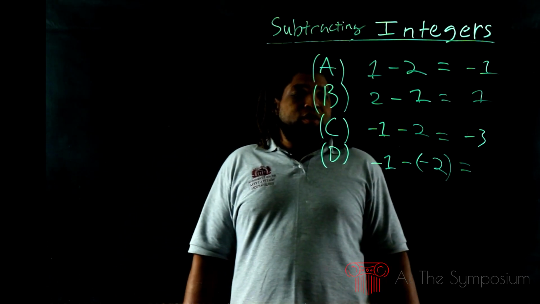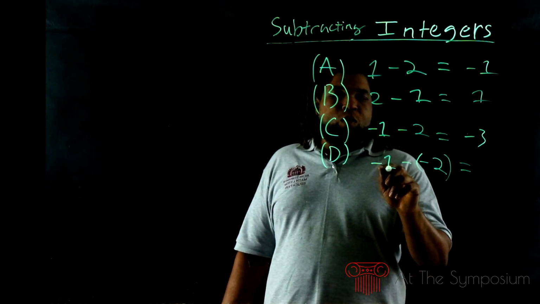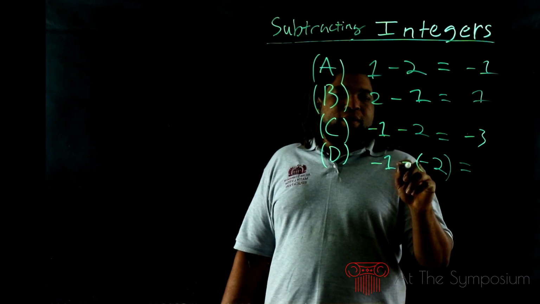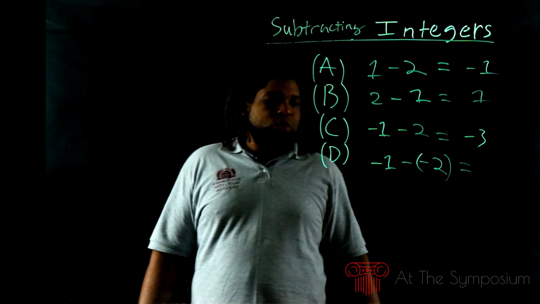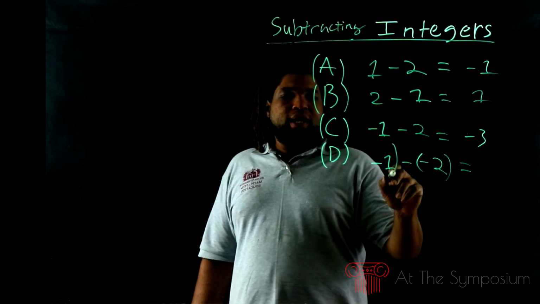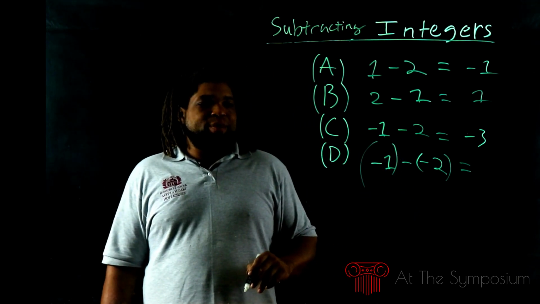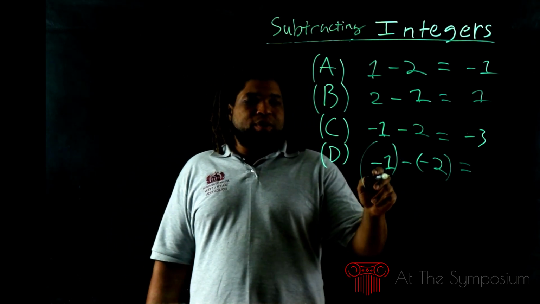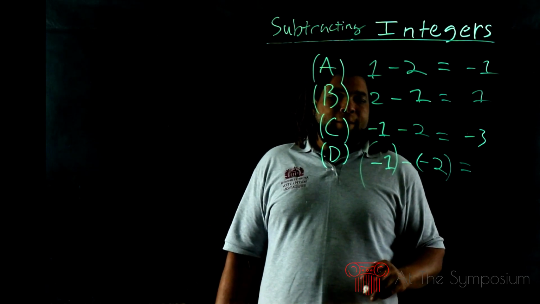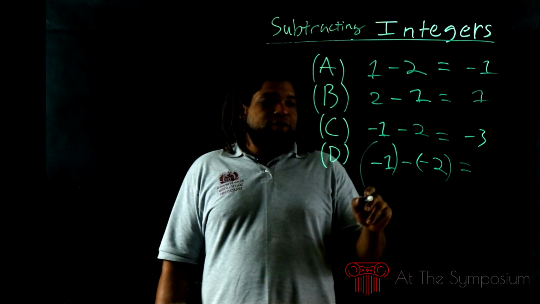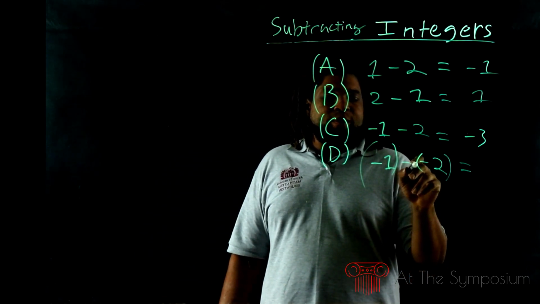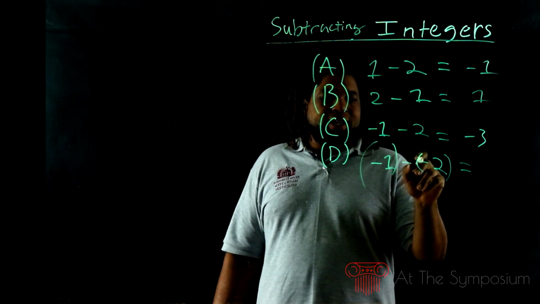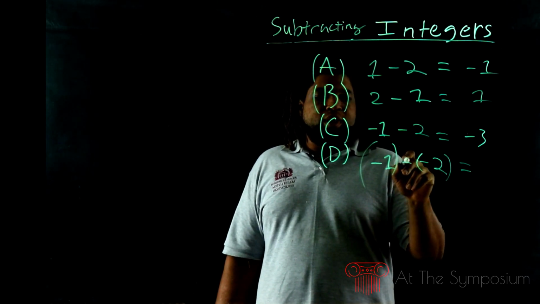Now D, we have negative 1 minus negative 2. Again, we can do just like we did in our previous example with adding, and we can put a parentheses there. We can also figure out what we have to do here. Remember when I talked about the fact that the negative sign will trump the positive sign?